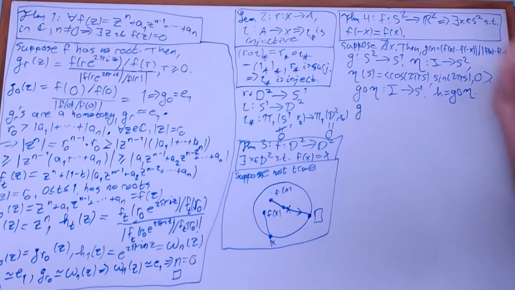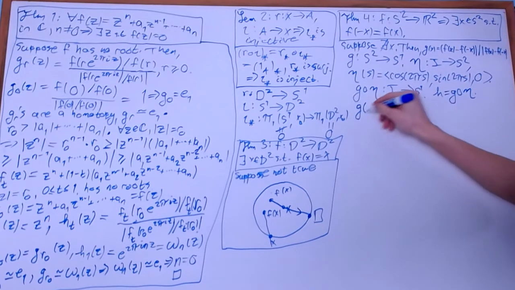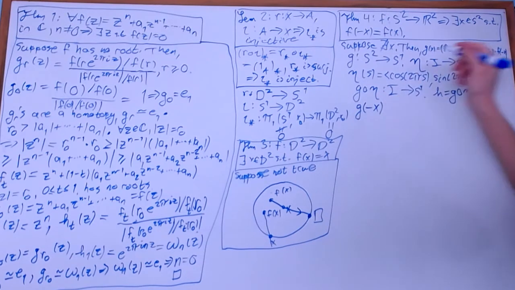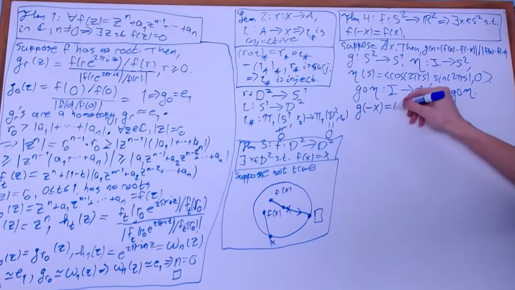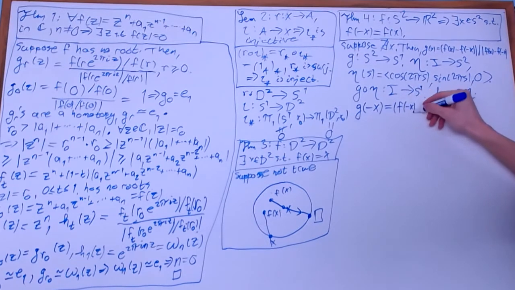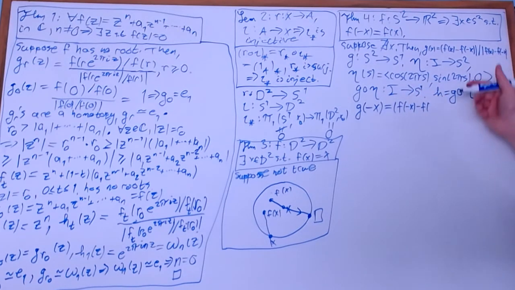Alright, so now what you should note is that g of x has a special property that I set it up with for this proof. Namely, g of negative x, g of the antipodal, what is that going to be equal to? Well, by definition, that's f of negative x minus f of x, divided by the magnitude of f of negative x minus f of x.